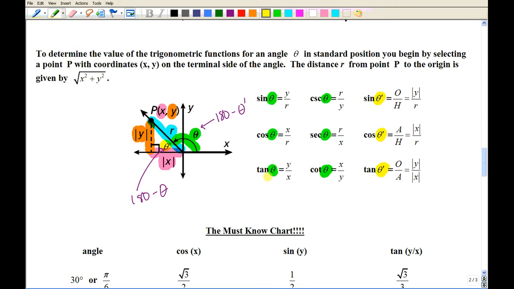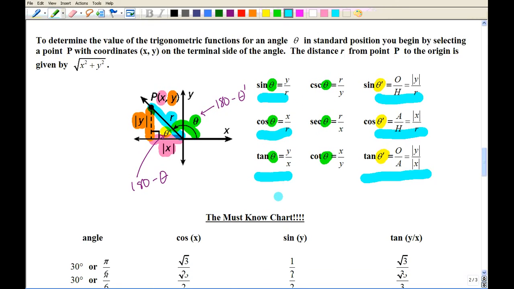So if you're comparing the two sets, tangent of theta looks really similar to the tangent of theta prime, right? We've got y over x, but for theta prime, it's the absolute value of y over the absolute value of x. So that's really the only difference here. Same thing with the cosine and with the sine. And then cosecant, secant, and cotangent, remember those are each just the reciprocal of sine, cosine, and tangent.